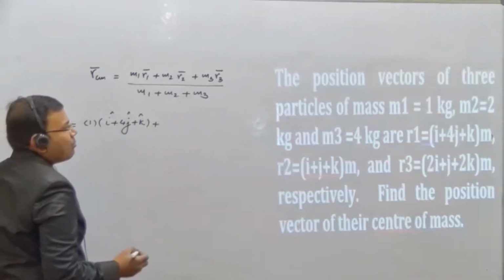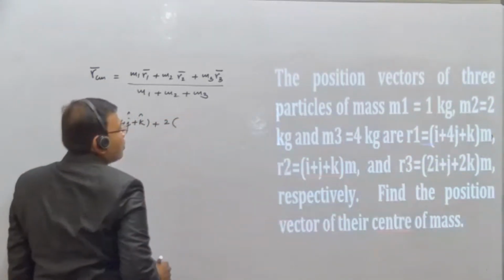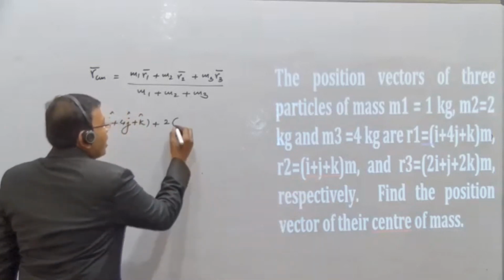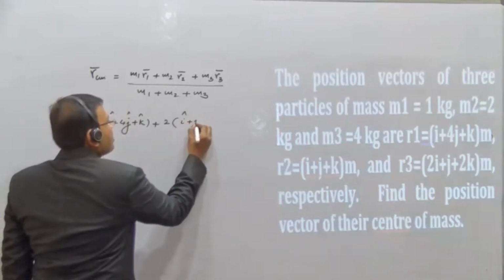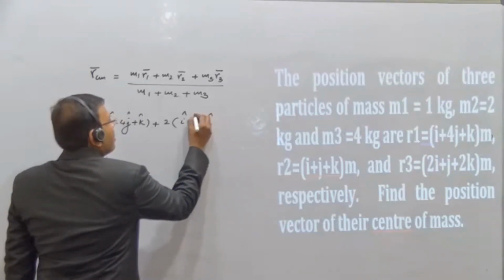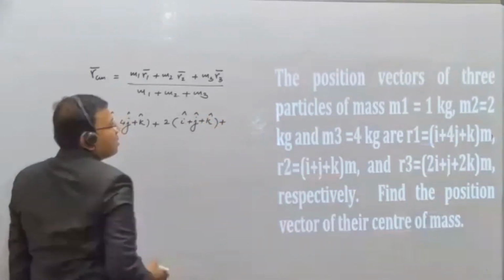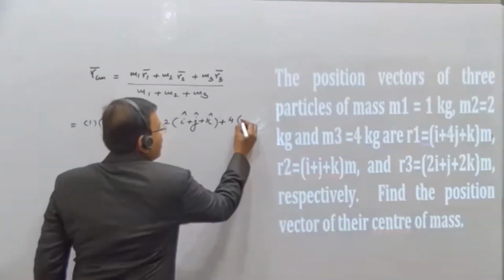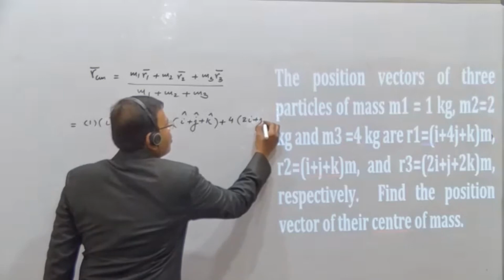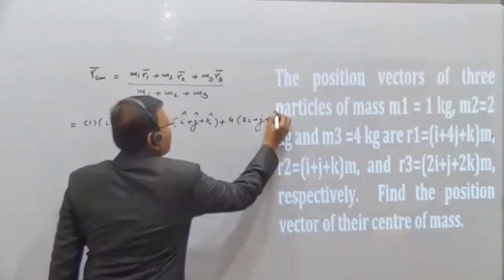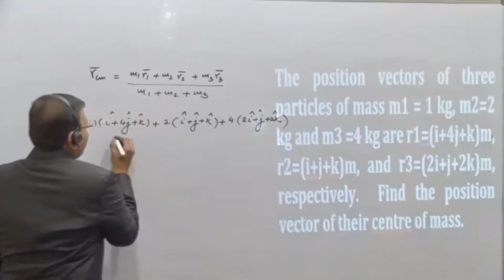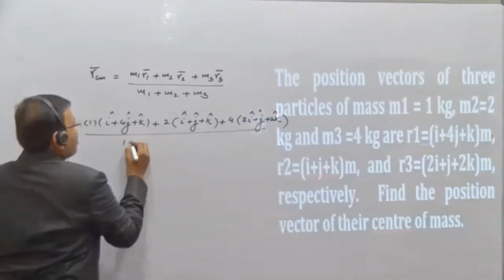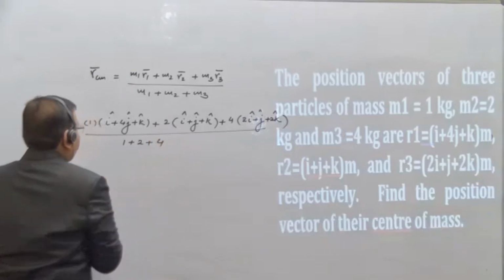Plus m2, which is 2 kg, into the position vector, which you can see here is i plus j plus k. Plus the third particle is of mass 4 kg and its position vector is 2i plus j plus 2k, divided by m1 plus m2 plus m3, that is 1 plus 2 plus 4.